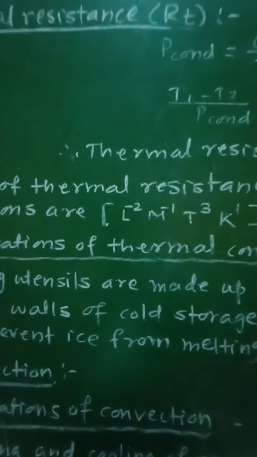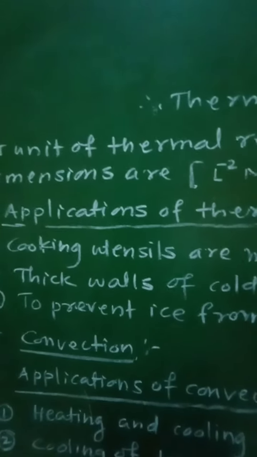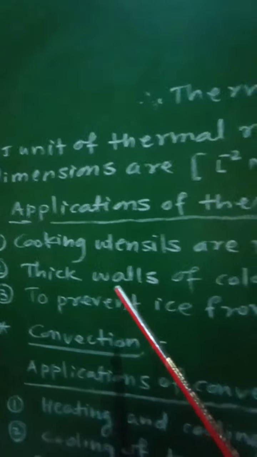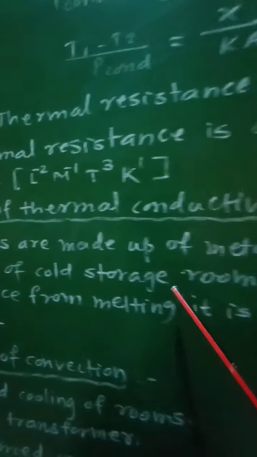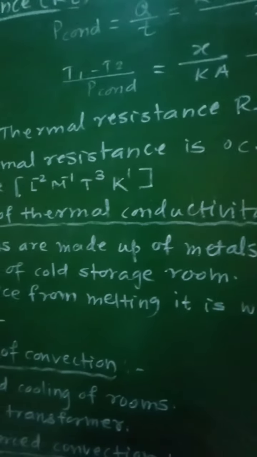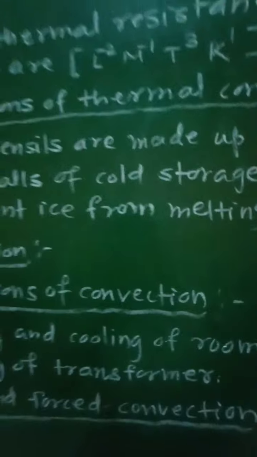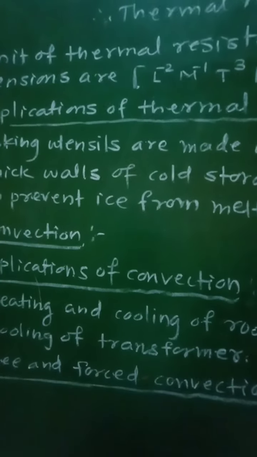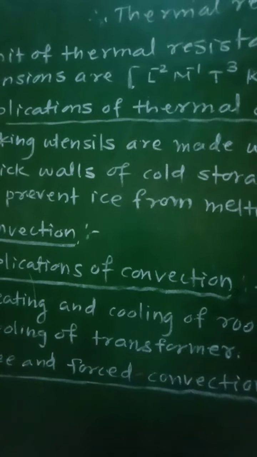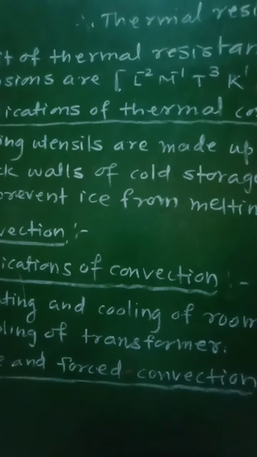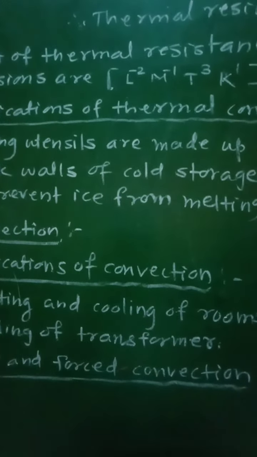Then the second application of thermal conductivity is the thick walls of a cold storage room. If you consider the cold storage room, it is provided with thick walls, and therefore we can say that thick walls are used in the construction of cold storage rooms.